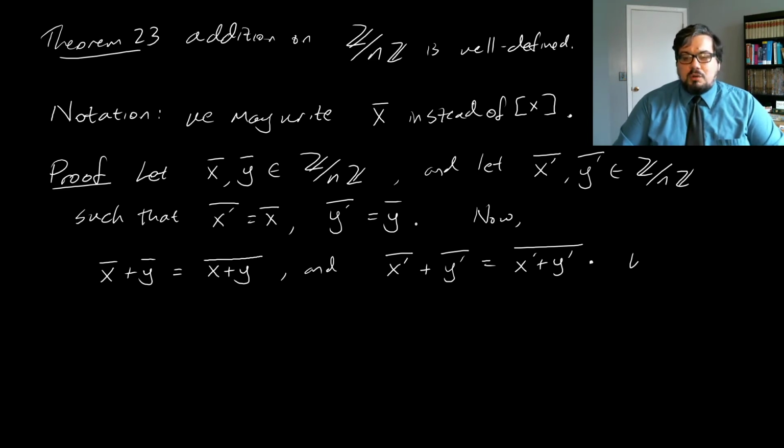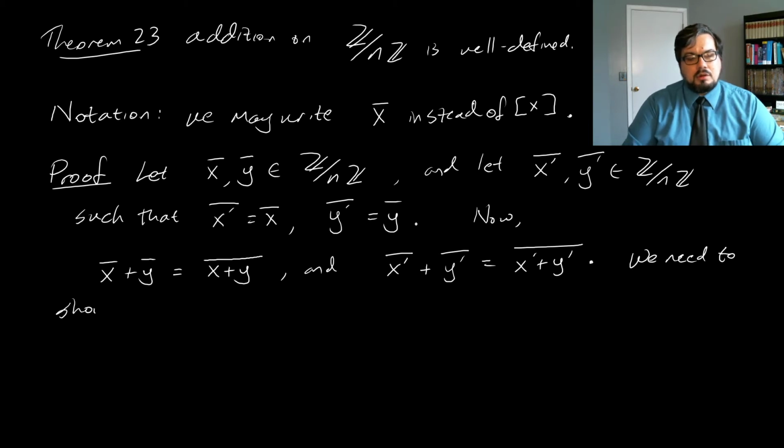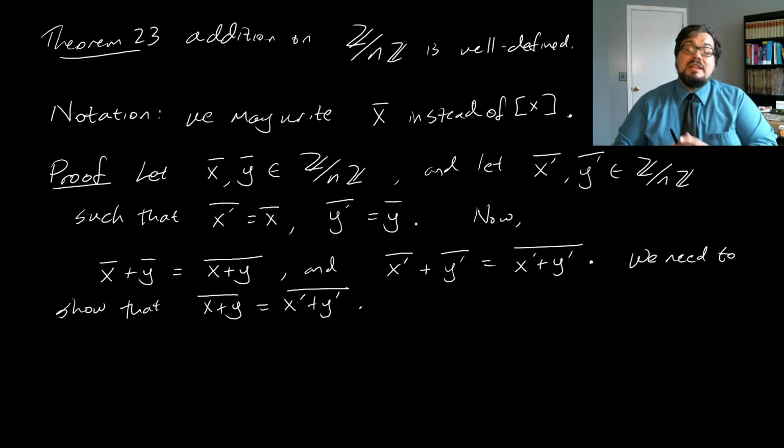We need to show that x plus y bar equals x prime plus y prime bar. We need to show that no matter what representative we choose for the two elements we're adding together in this set, we get the same result out of it.